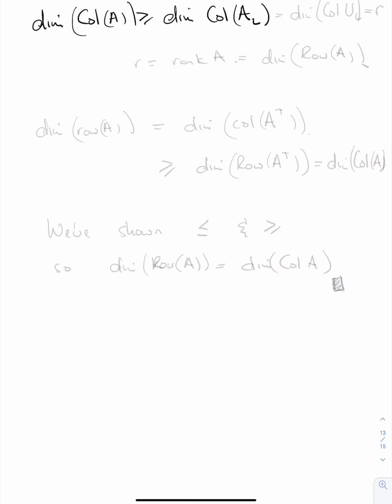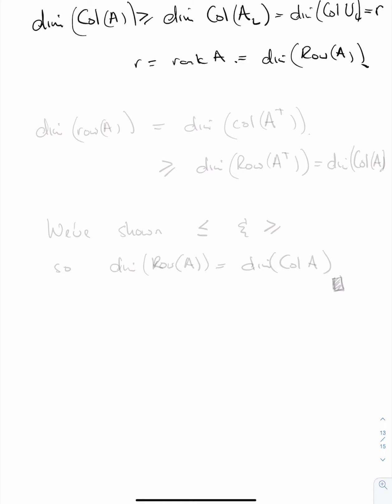The dimension of the column space of AL is equal to the dimension of the column space of UL, and we already know that that's R, where R, remember, was the rank of A to begin with. Okay, so we've shown that the dimension of the column space of A is greater than or equal to R, which is the rank of A, which is defined to be the dimension of the row space of A.